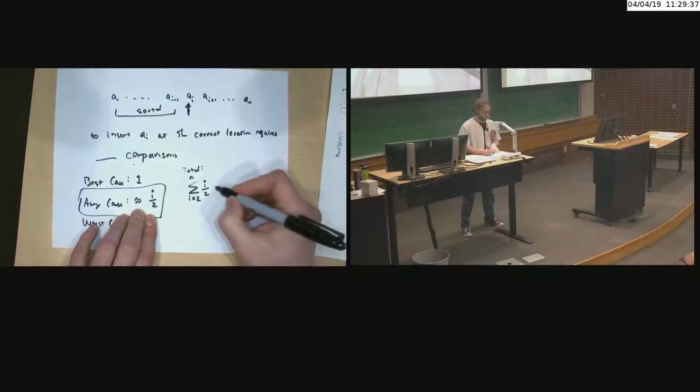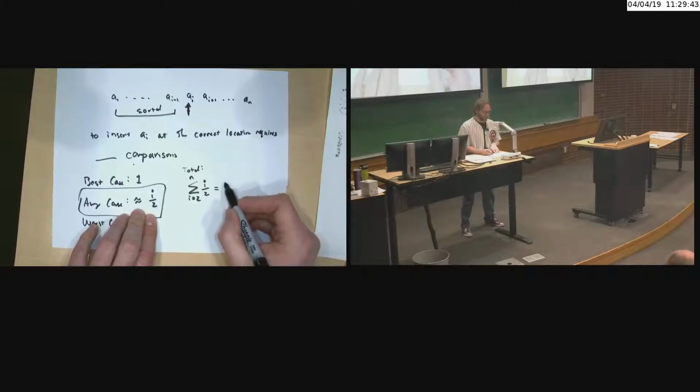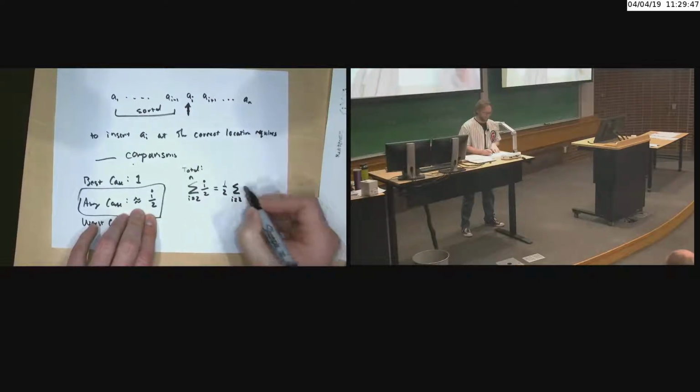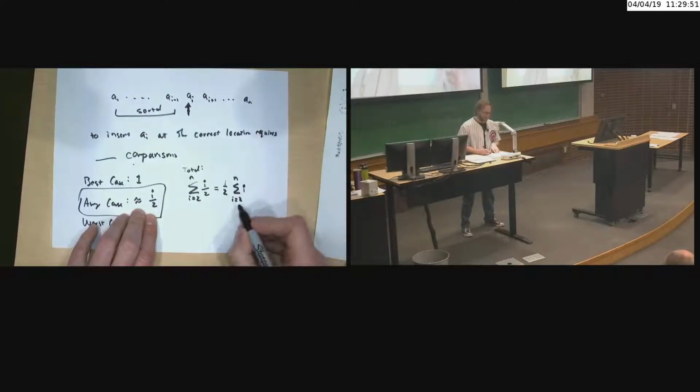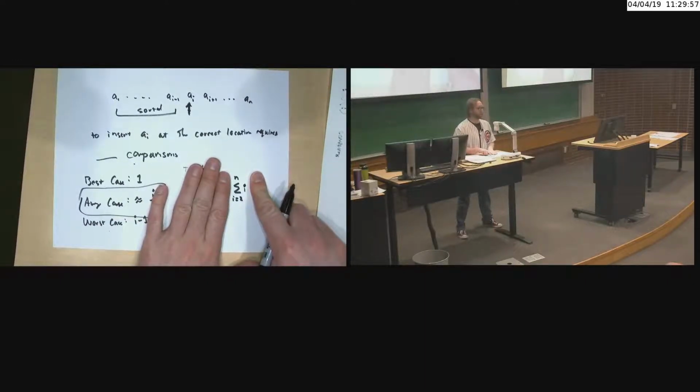All right? Now, hopefully you know that if you've got a constant sitting up front here, which is 1/2, you can actually pull that out. It doesn't matter with the summation, because every term in the summation has that coefficient. And you're left with a summation of 2 up to n of I. Do we remember what this is by now? What is it, at least what it's called? We can look it up.